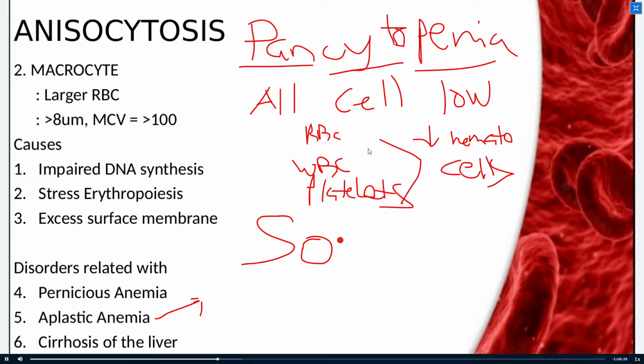You would look at the source. And where are they often produced, itong cells na to? They are produced in your bone marrow. Thus, if they are decreased, what happened to your bone marrow, class?